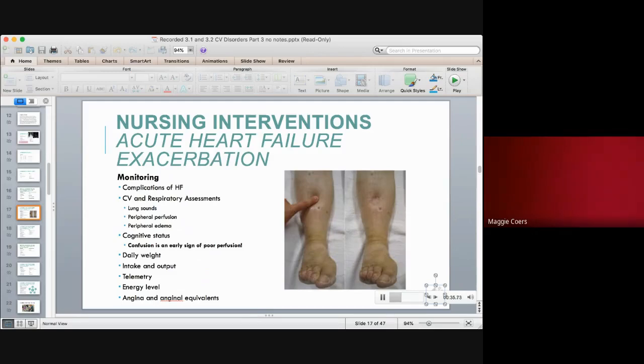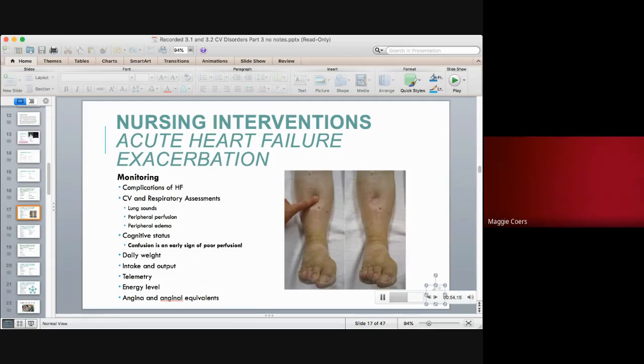We want to assess these patients all the time. We need to know that their heart is pumping better with our treatment. So we need to watch things very closely. We want to watch for any new, worsening or bettering complications of heart failure.